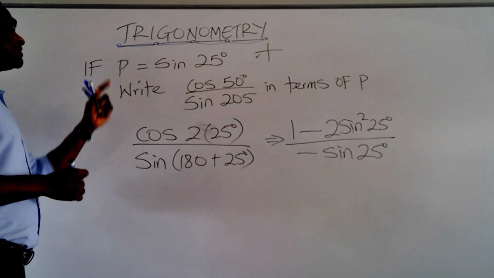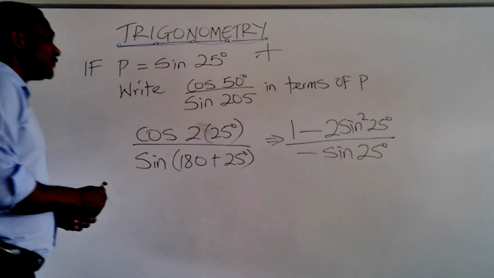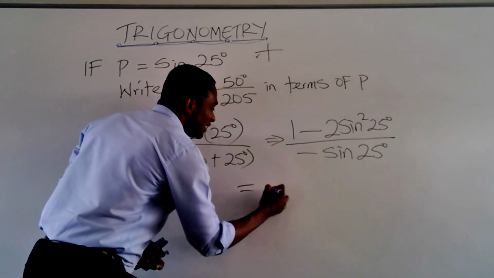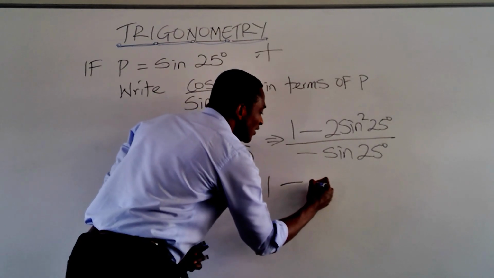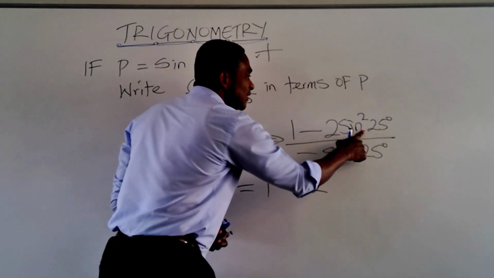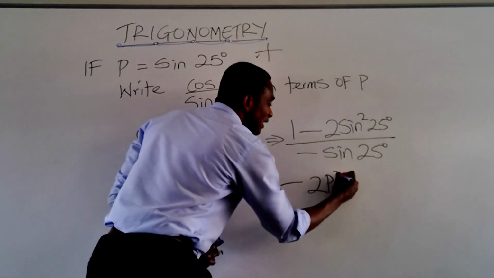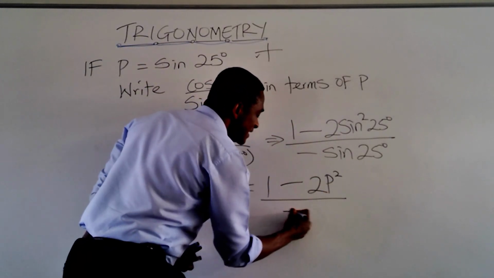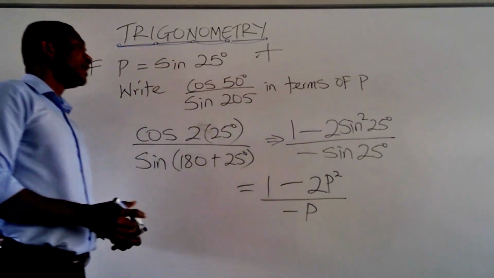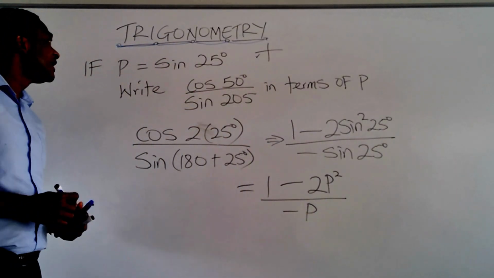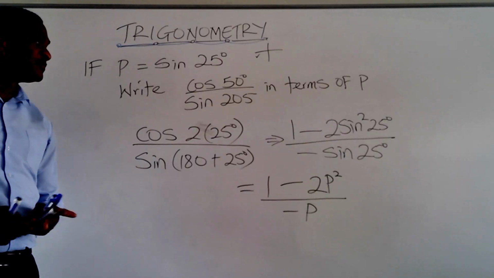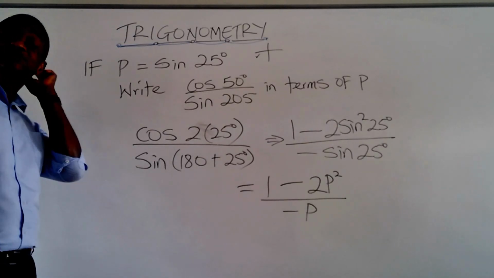Now, they say that P is sine of 25, so we replace P anywhere we see sine 25. So this will give us 1 minus 2 P all squared, divided by negative P. And this is our answer in terms of P.